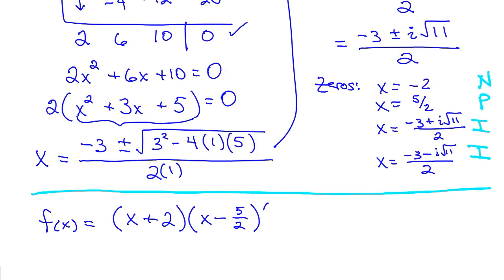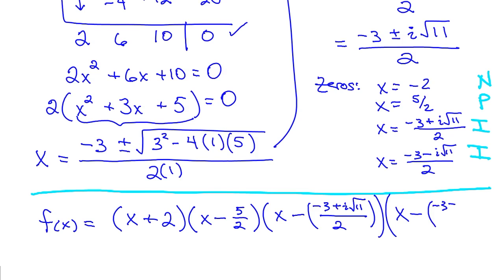Well, there's two things that we can do. Number one, we can leave them as the imaginaries. Like so. Put a little parentheses around there. And then put a little parentheses around this other one here. -3 minus i root 11 over 2. That's the linearization form.